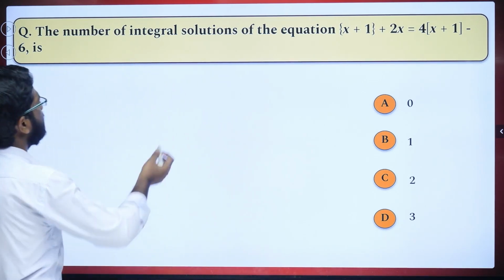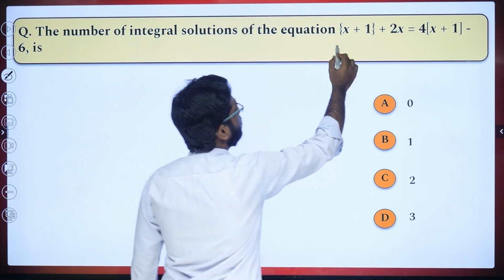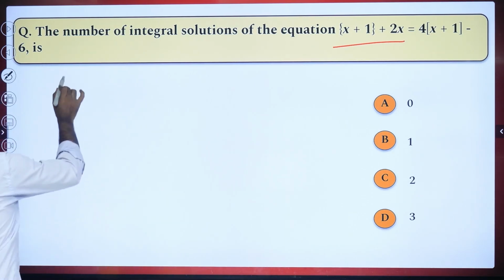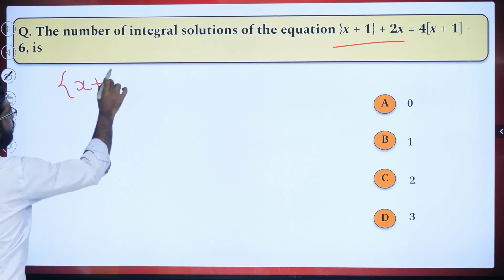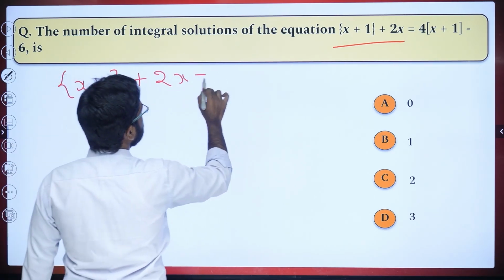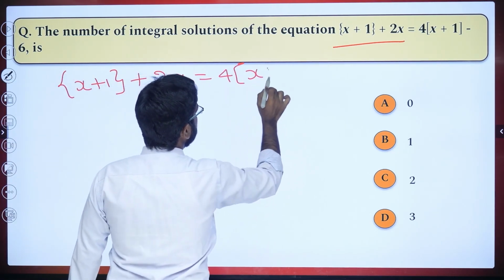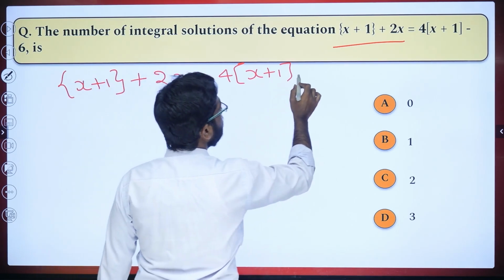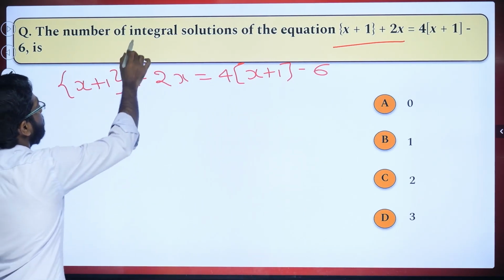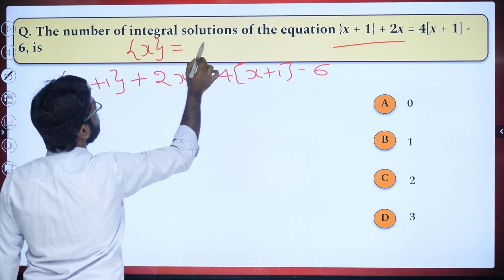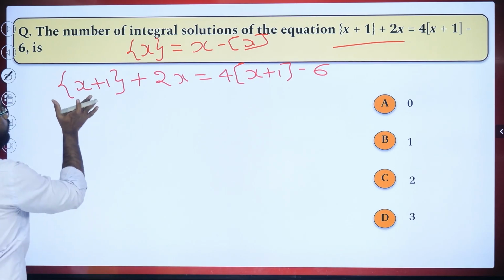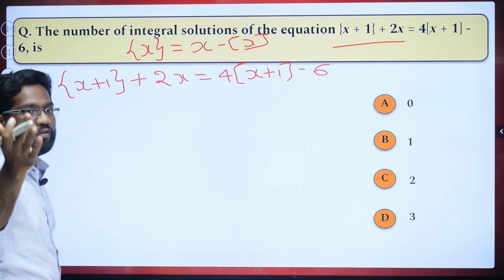So the number of integral solutions of the equation which is equal to this one, my dear students, they have given. So what we have to do is, first, integral of x plus 1 plus 2x is equal to 4 integral x plus 1 minus 6. Now in the same way, my dear students, the fractional part means x minus greatest integer function, but here they have given x plus 1, that's all.